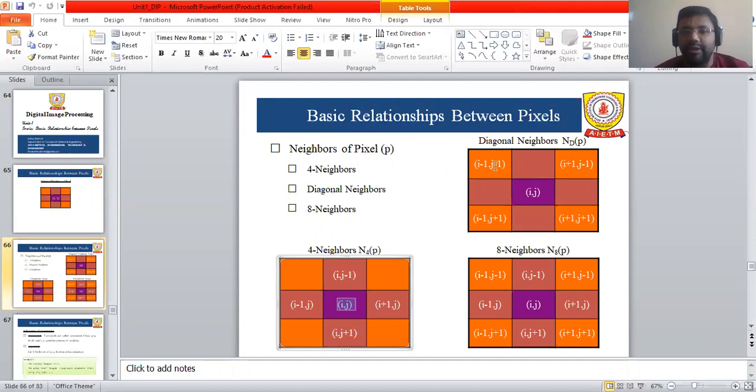It connects all these diagonal elements with respect to i comma j. Next is the 8 neighbors, all these 1, 2, 3, 4, 5, 6, 7, 8 with respect to i comma j, the position we originally assumed. So this is the neighborhood connectivity. When we talk about a pixel at its position, we assume it as the central pixel at the point i comma j.